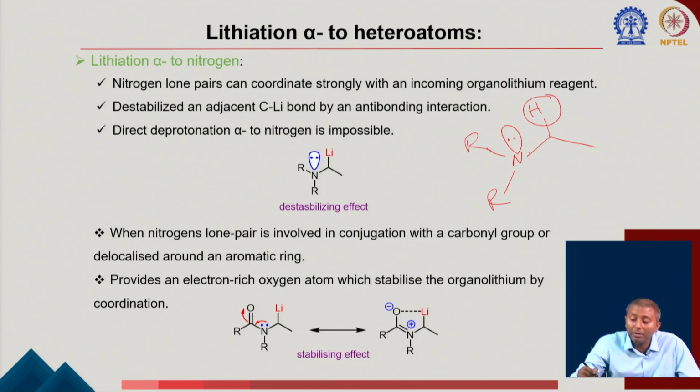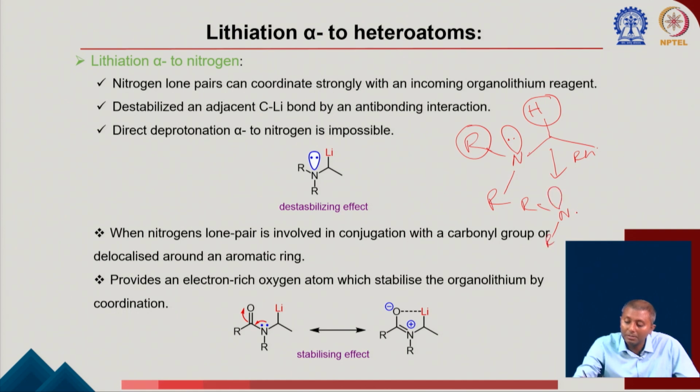It will only abstract this proton if the R groups are some sort of electron withdrawing group, because otherwise, once you treat with RLi and generate the product, let's try to understand what happens.